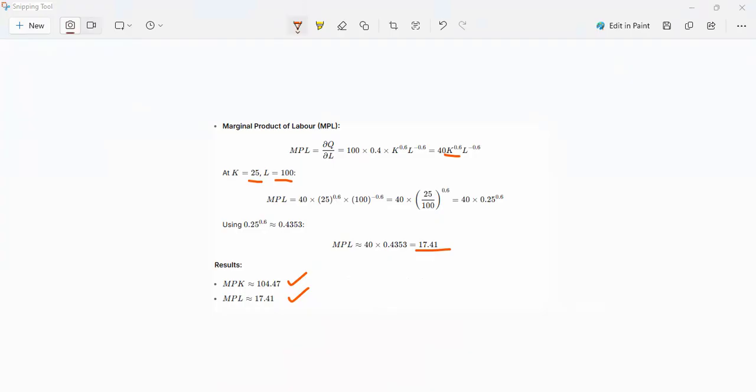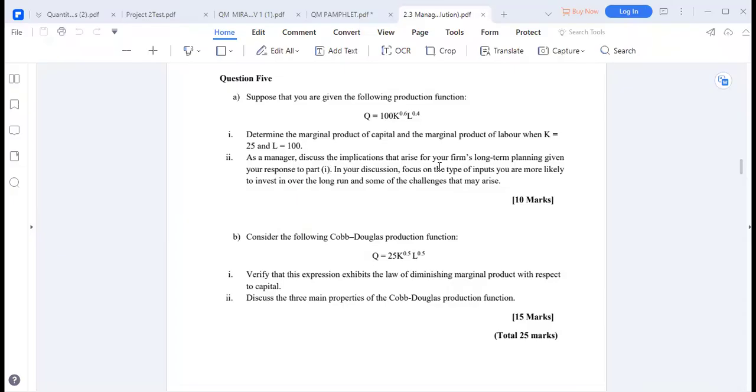All right. Then the next part of the question was asking us to say, as a manager, discuss the implications that arise for your firm's long-term planning given your response in part one. And in your discussion, focus on the type of inputs you are most likely to invest in over a long time and some of the challenges that may arise.